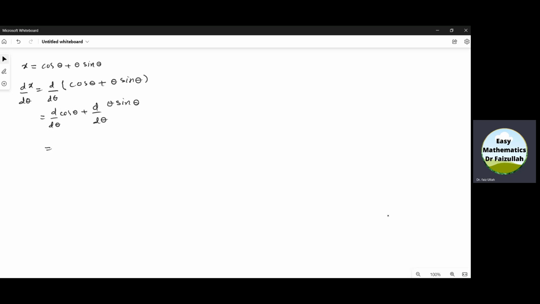Differentiation of cos theta is minus sine theta, and here again we use the product rule. So we write first function, differentiation of sine is cos, plus second function, differentiation of theta with respect to theta is 1.